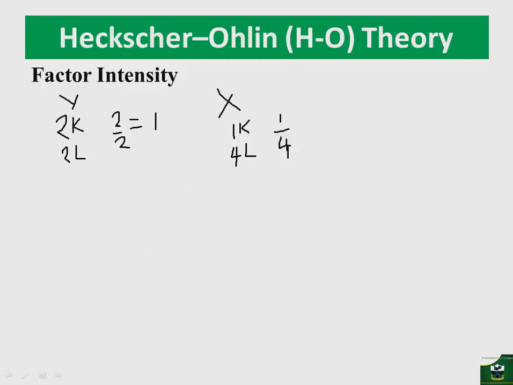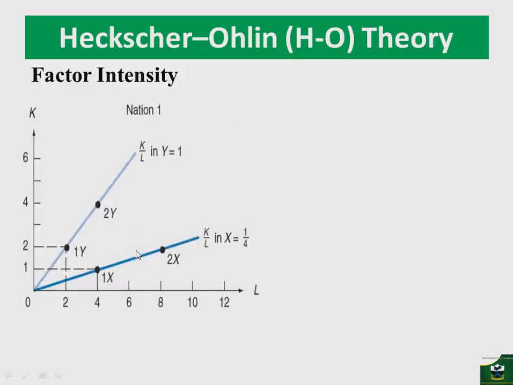Let's look at the graphical illustration of this and see what we get out of it. So consider nation 1, where we have the ray drawn from the origin, and then we measure the slope. We notice that the slope along this line will be equal to 1, meaning the capital labor ratio will be equal to 1. If you divide 4 units of capital at this point and 4 units of labor at this point, you will get 1, and we are measuring this in the production of commodity Y in nation 1.